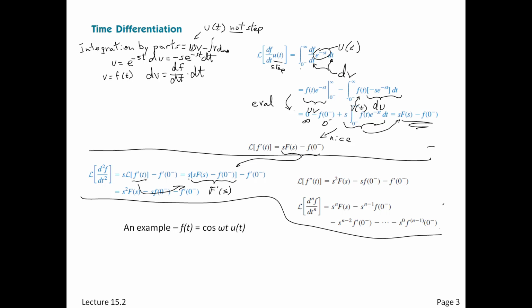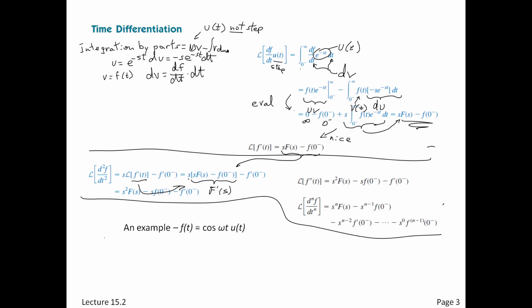And the example is, back to the beginning, f of t is cosine omega t, and there's our step function to make sure we're only interested in the positive part. Okay? Now, we can do that. Well, I should back up first because that's where we're going to head.